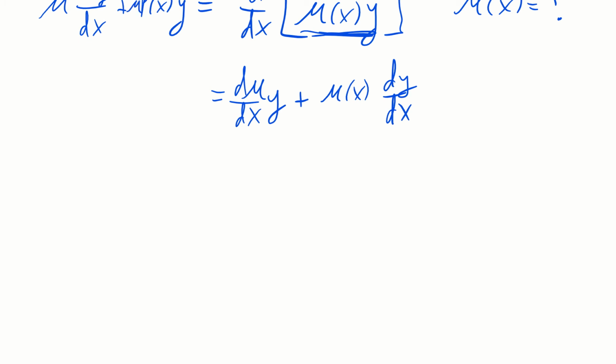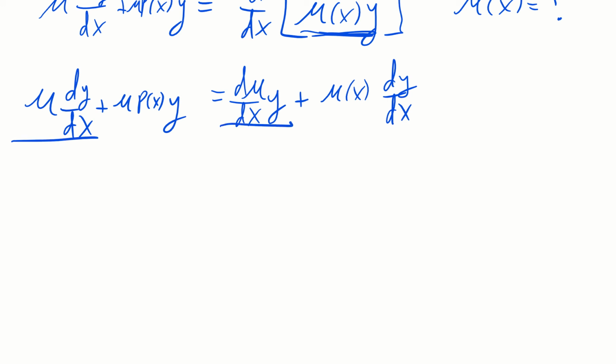So we want mu times dy dx plus mu times p of x times y to be equal to this right-hand side. Well, these two terms are exactly the same, so those two already match up.